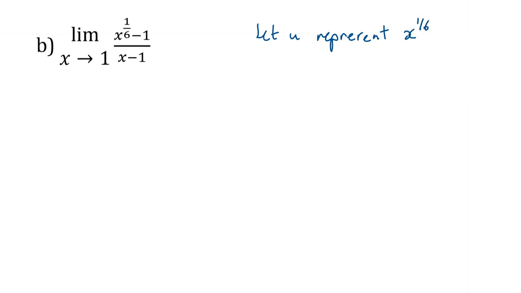Just the radical part, not the minus 1. You include the minus 1, you're going to confuse yourself. So this one's also a little bit different from the other one for that reason. It's just an x as the radicand, not like an x plus 8 or something like that. Okay, next part is u equals x to the 1/6. Raise both sides to the exponent 6. And u to the 6 equals x.